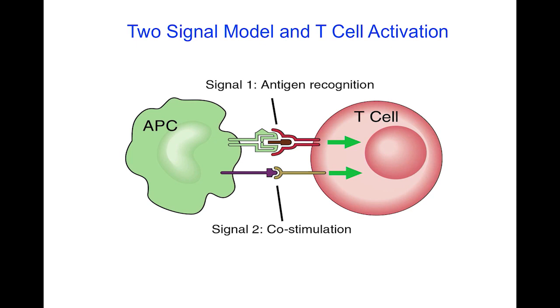In addition to this signal one, there is a co-signal or co-stimulatory signal that is also delivered by antigen-presenting cells to T cells. And when the T cells receive both of these signals, they then can become fully activated and can proliferate and differentiate to become these effector cells.